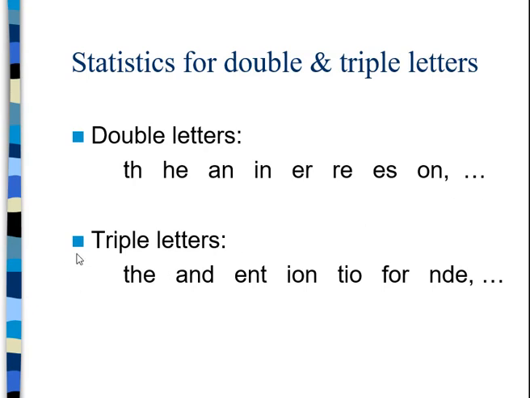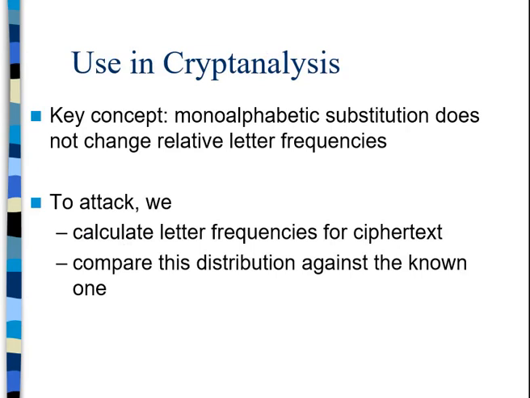And the most frequent triple letters are, for instance, THE and ENT, and so on. Hence, an attacker can calculate letter frequencies for ciphertext and compare the distribution of frequencies of ciphertext with the known frequency distribution for that language.